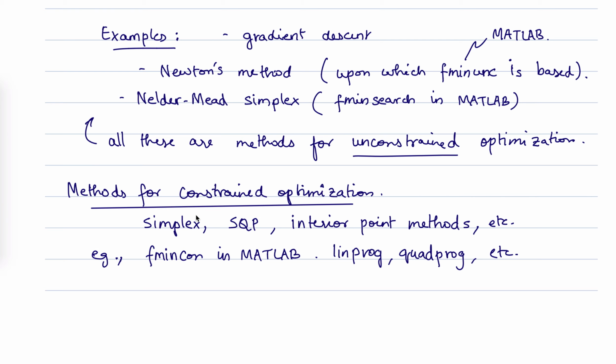There are more elaborate methods for optimization in the presence of additional constraints: simplex, sequential quadratic programming, interior point methods, etc. Again, there are many tens of methods. fmincon in MATLAB implements some of these methods. I'll just leave it at that, and I will do a brief tutorial on fmincon that I will post. Okay.